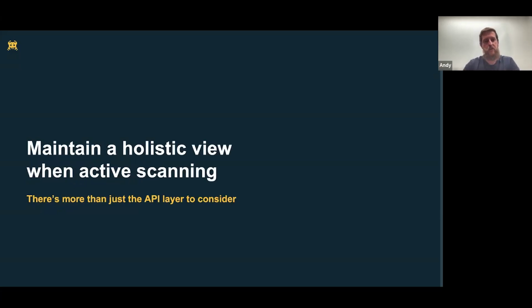Maintaining that holistic view as well is really important. So the API is just one layer of your whole environment of the data and the functionality that the API allows access to. The data the Optus breach allowed access to was stored somewhere on a database, on a backend system. The API is only one narrow gateway to that data.